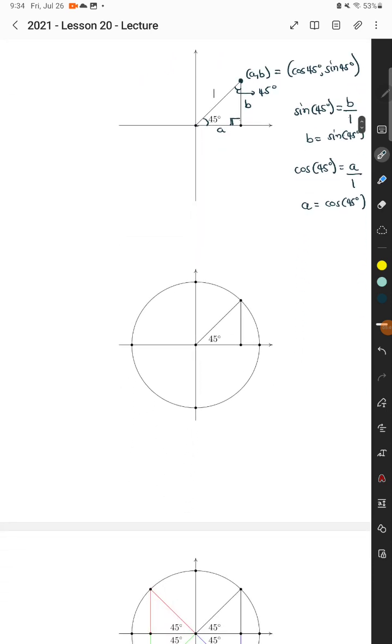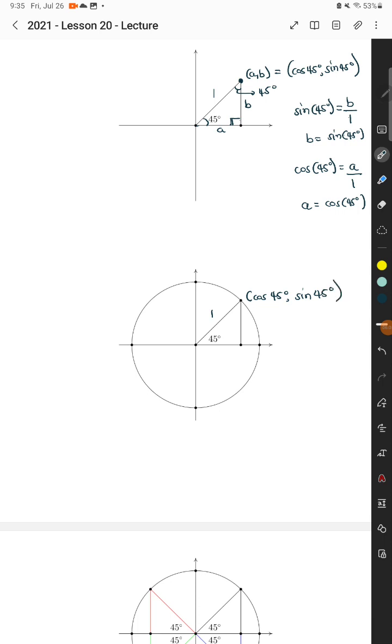And over here, we have the same diagram with the unit circle drawn through our point, which we just found its coordinate to be cosine of 45 degrees, sine of 45 degrees.